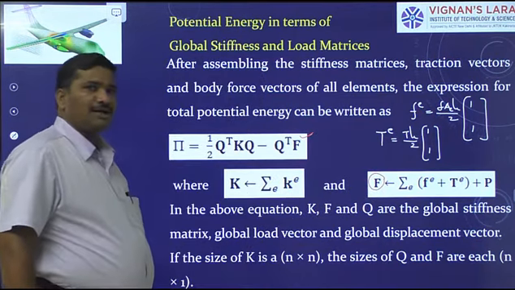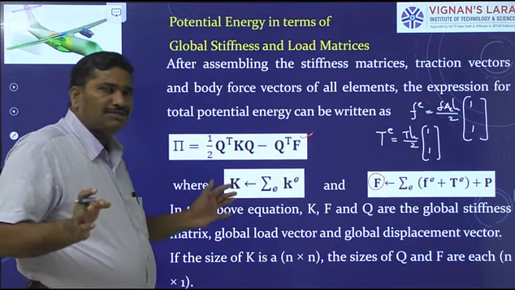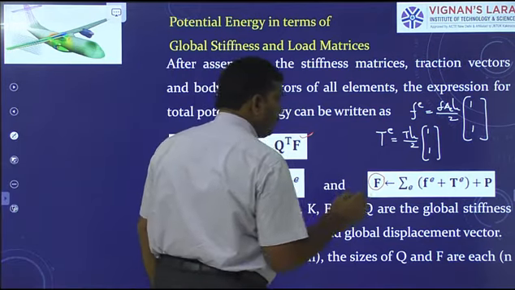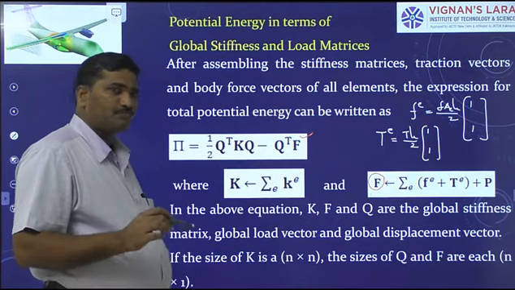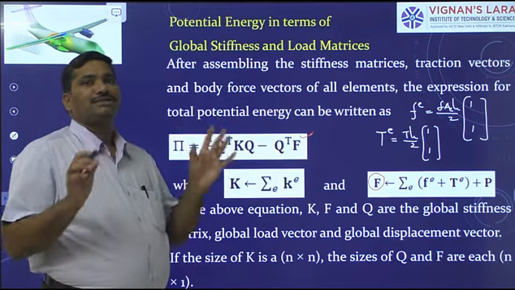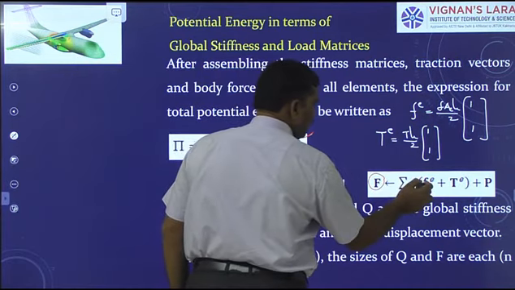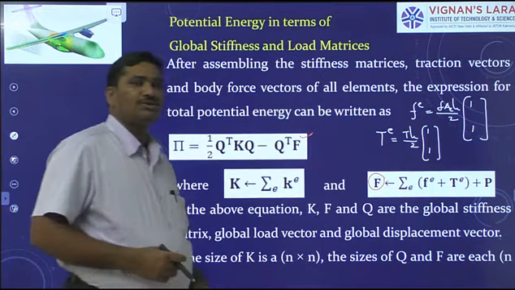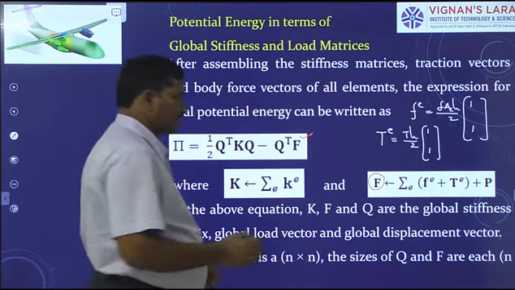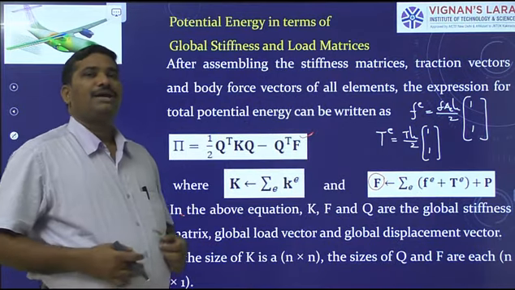It is the vector that results from the sum of the global body force vector, global traction vector, and the concentrated forces. Understand carefully here: the sum of Fe gives you the global body force vector, and the sum of Te gives you the global traction vector.